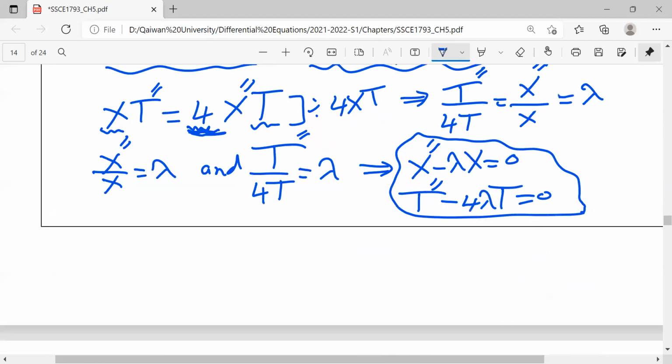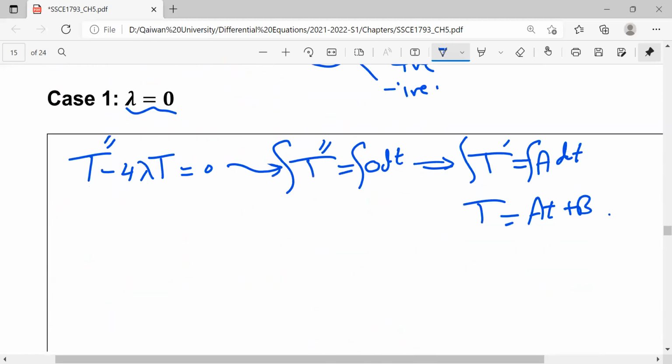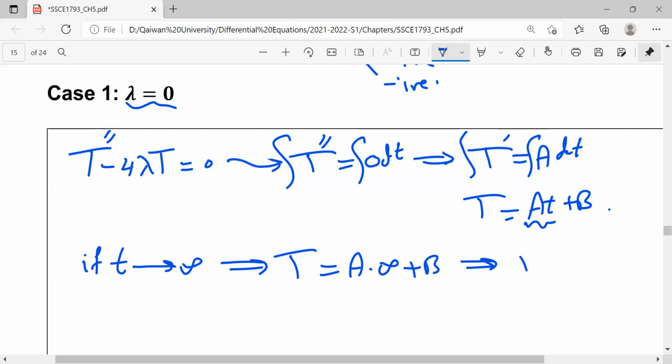That means if t tends to infinity, what do we get? We get that capital T equals A times infinity plus B. So A times infinity is still infinity, plus B is still infinity. So you get capital T equals infinity.